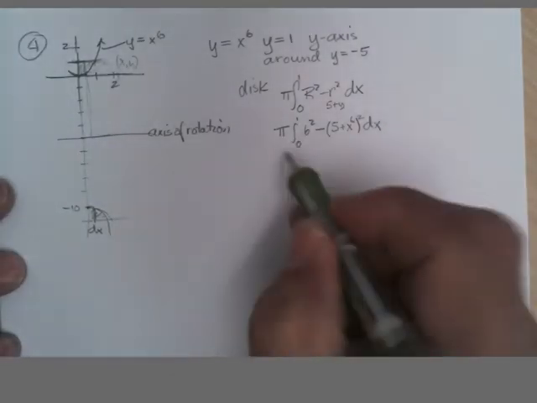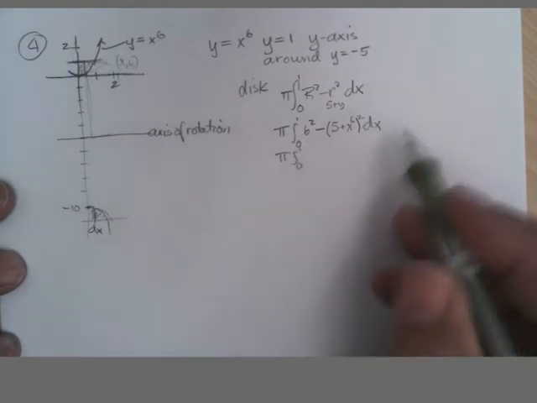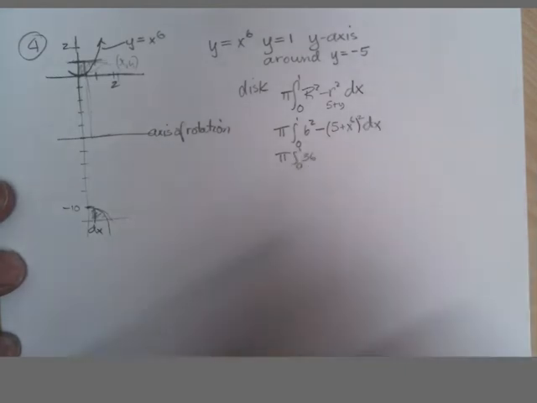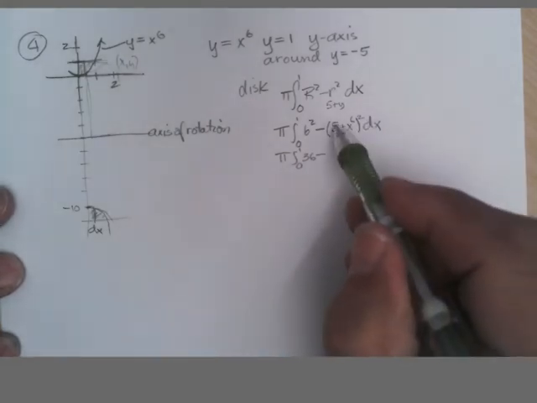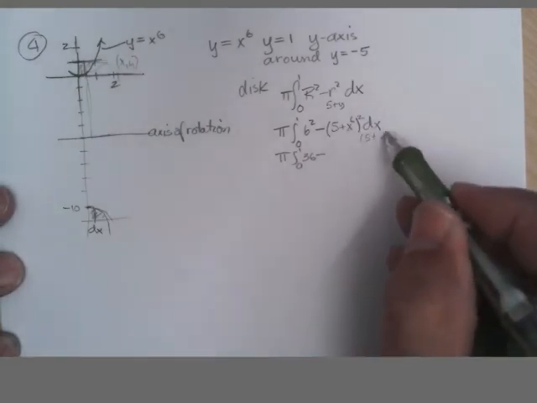So let's work this out. You could put it right into your calculator and get it, but I'm going to work this out. This is going to be 36 minus, now I've got to square this, so I'm going to take this times itself, 5 plus x to the 6th.